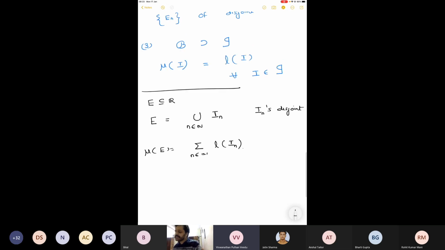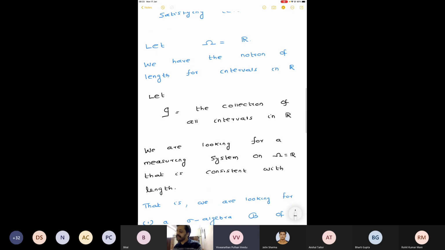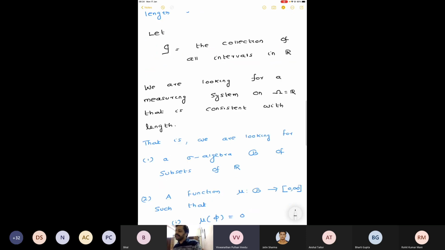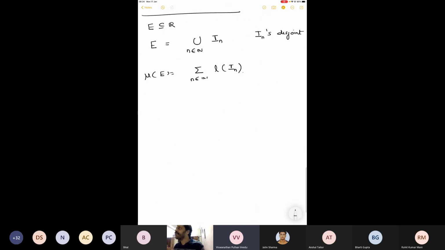Therefore, though explicitly we are saying that we know the measure only on script I, in fact, we know the measure not only on script I, but on a larger collection. So that larger collection I will call script C, the collection of all E subset of R, E equal to union of In, the Ins disjoint.